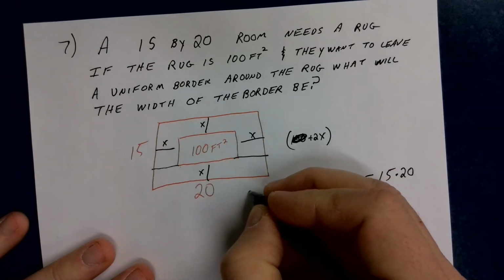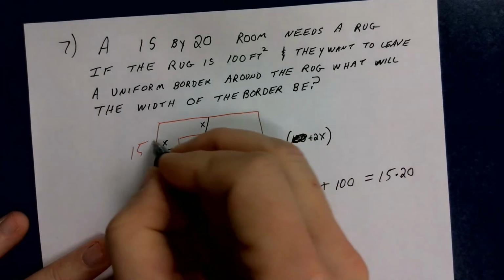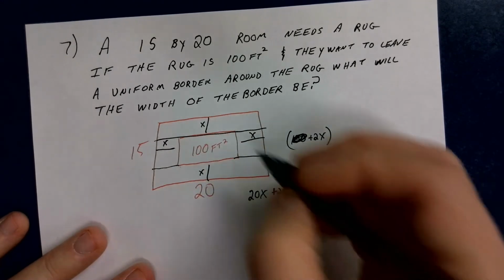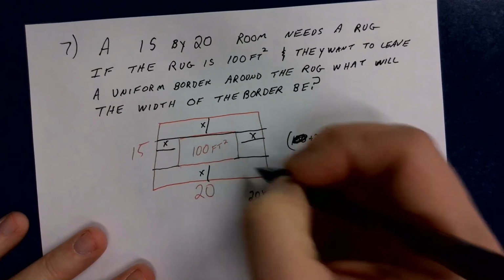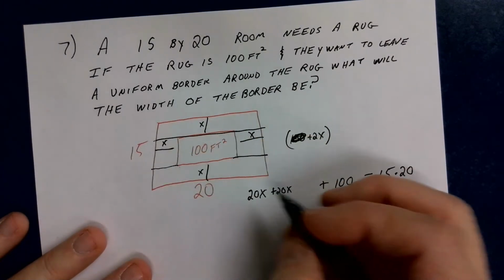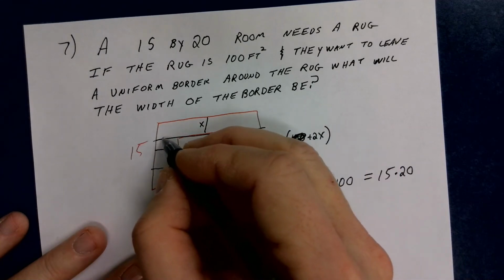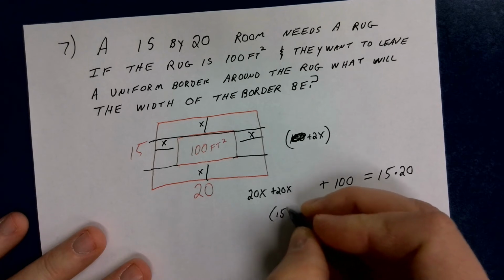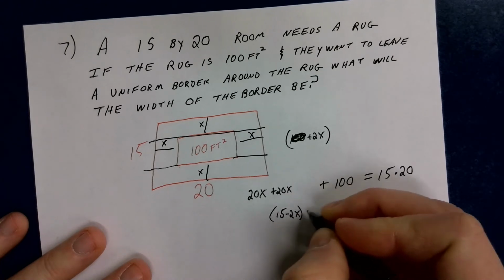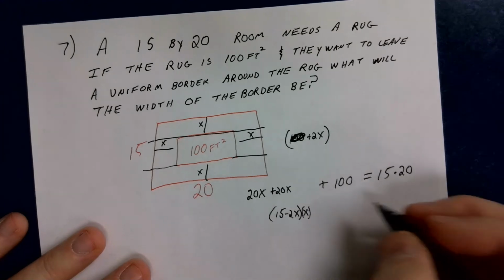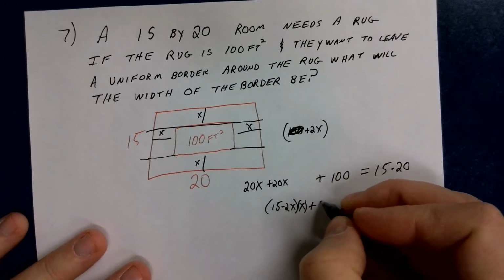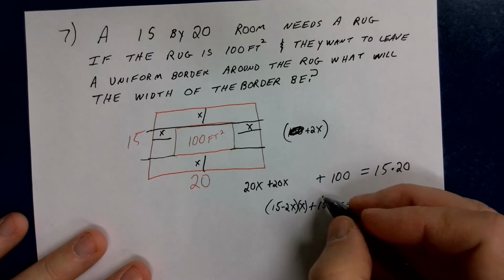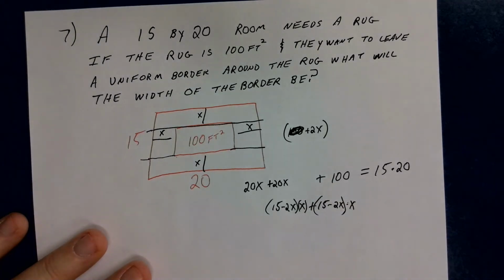That'd be that one. This one right here is also a rectangle that's 20 by x. And then I need to know what this one is. Well, that's a rectangle where this is x, and this part is 15 minus 2x. So I could say it's 15 minus 2x times x, and then plus another 15 minus 2x times x. And I could represent those things.